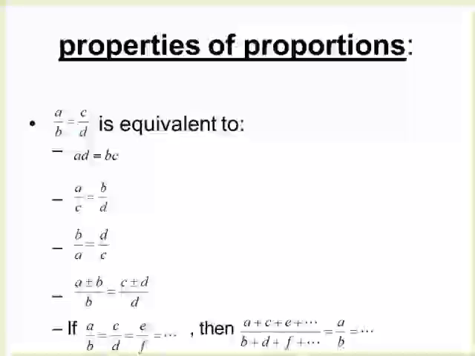The second proportion says A over C equals B over D. What's going on there compared to the original? How could we get this second property out of the original?